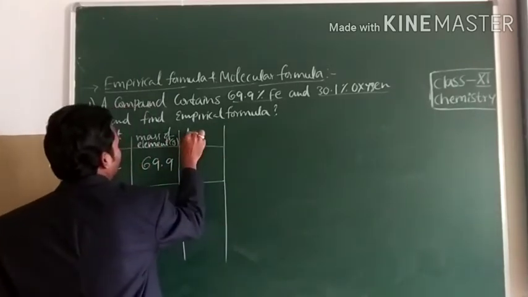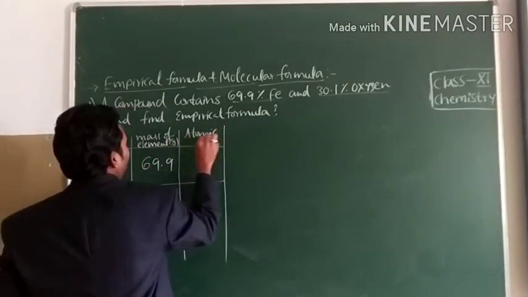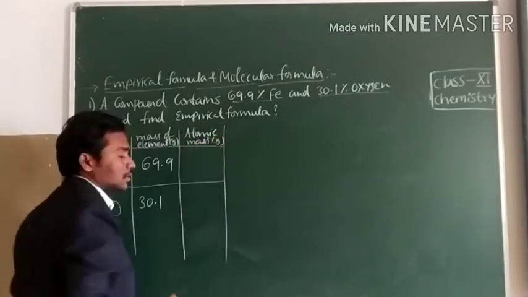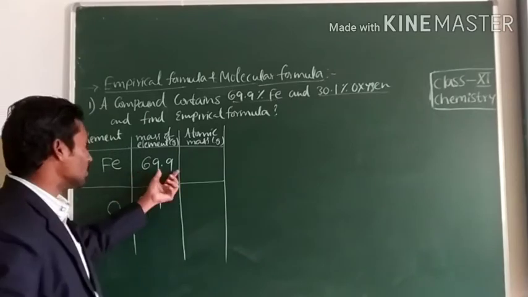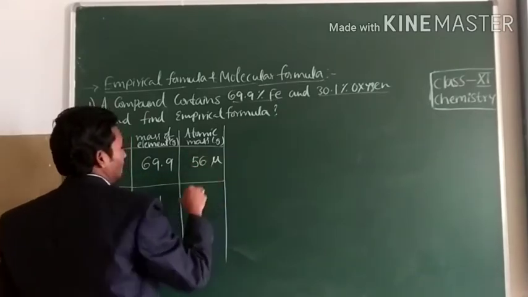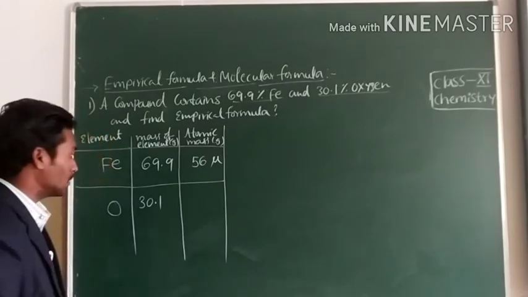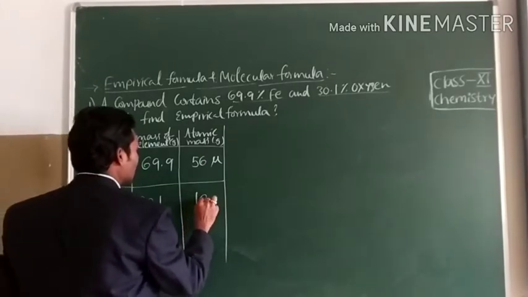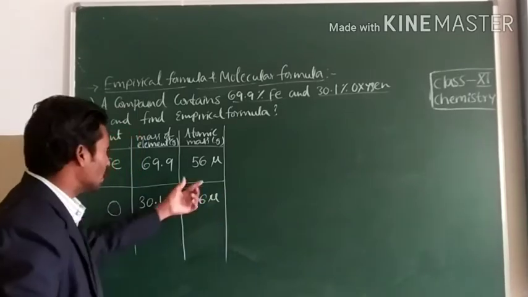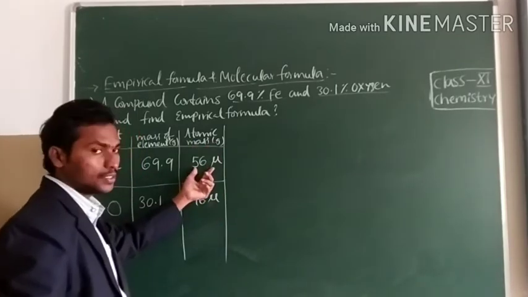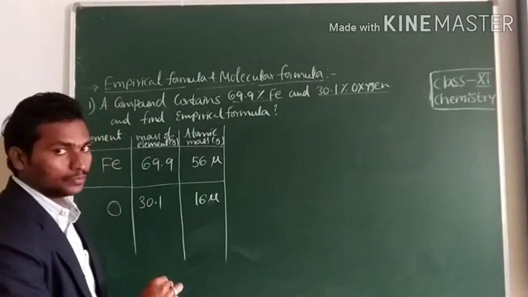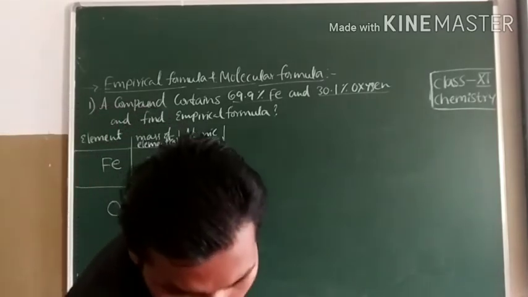Next, the third column, atomic mass. Atomic mass of iron is 56 mu or 56 grams. Oxygen 16 grams or 16 mu. Let us see what they asked here.